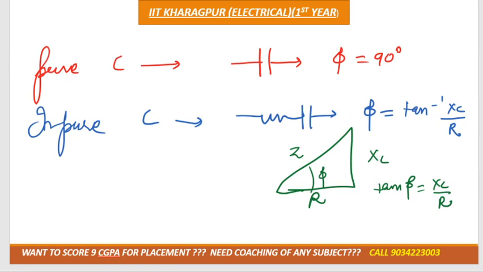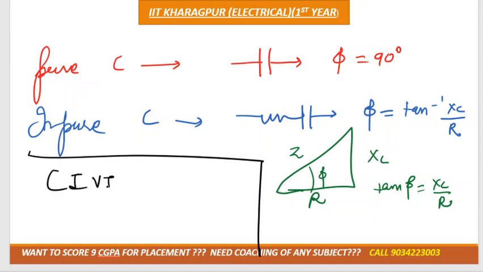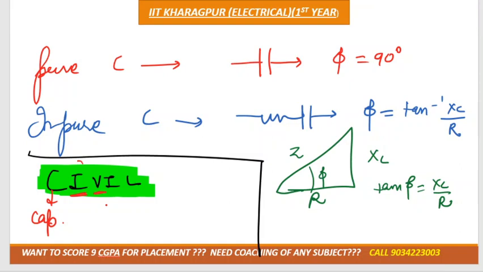Now how are you going to remember it? By a simple rule, always remember CIVIL, right? Here C stands for capacitor. In case of capacitor, is current first or voltage first? Current. So that means current is leading the voltage in case of capacitor. Okay.